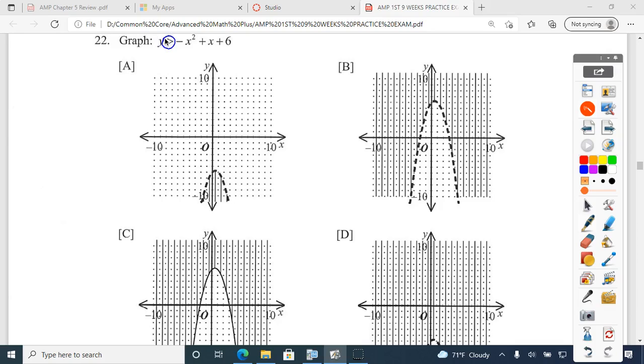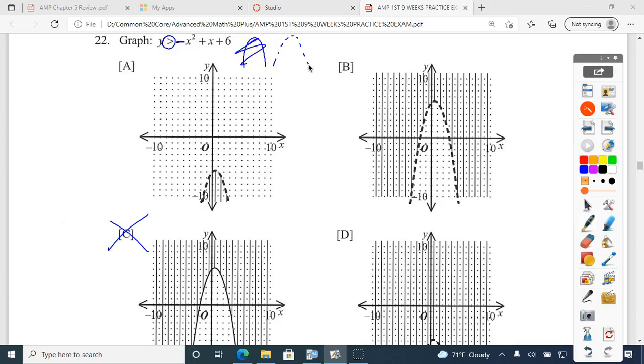So since it's going to be a dotted line, it can't be C. Okay, can't be C. All right. I also know that since it's negative right here, it's going to be going down. And again, it should be a dotted line going down. So that doesn't help me because the rest of them are dotted.